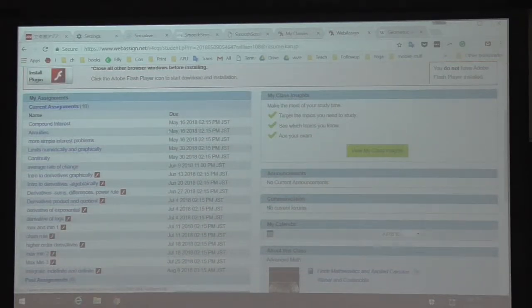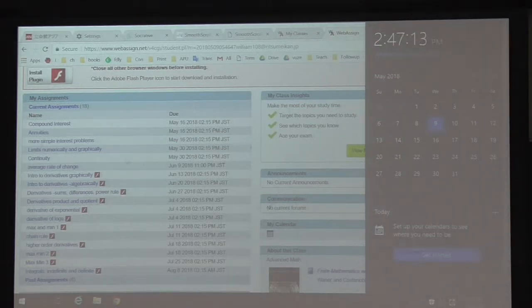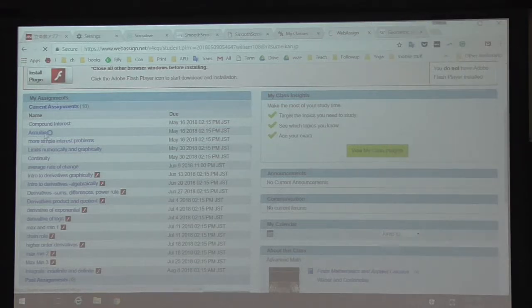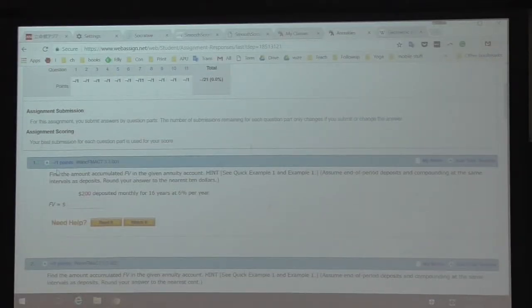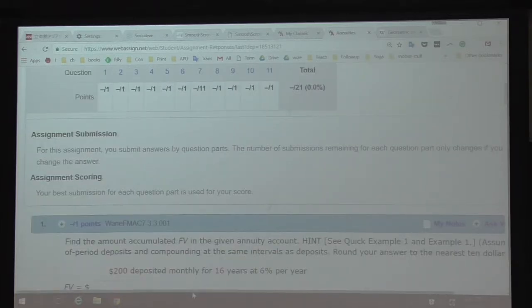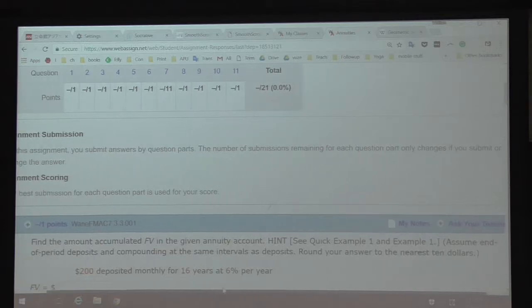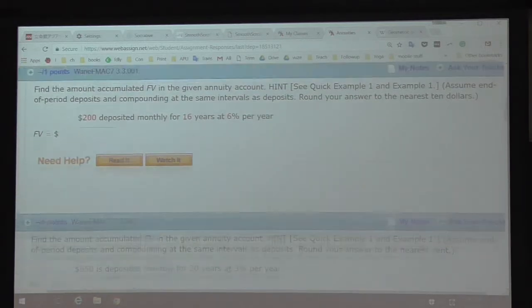Okay, so we have compound interest and annuities due on the 16th, and also something called simple interest problems. Okay, so these three are due next Wednesday. Okay? So let's look at the annuities problems. Okay. So how about this one? Okay, what does it say?